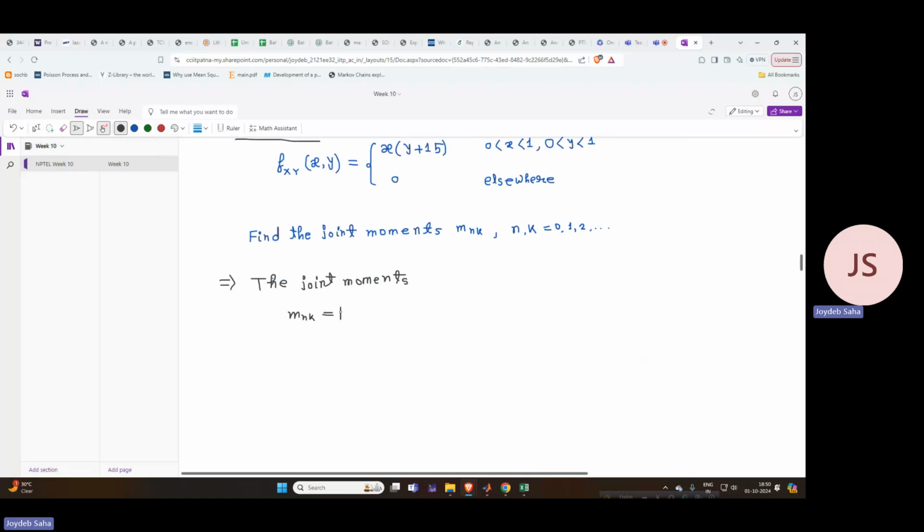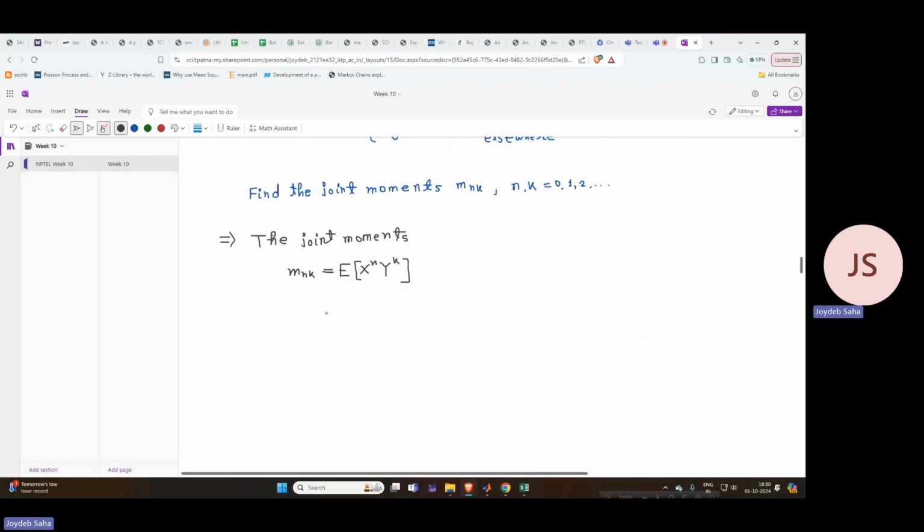M_nk is equal to basically the expectation of x to the power n, y to the power k.